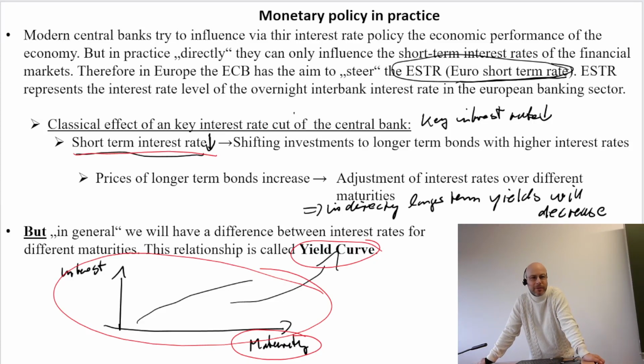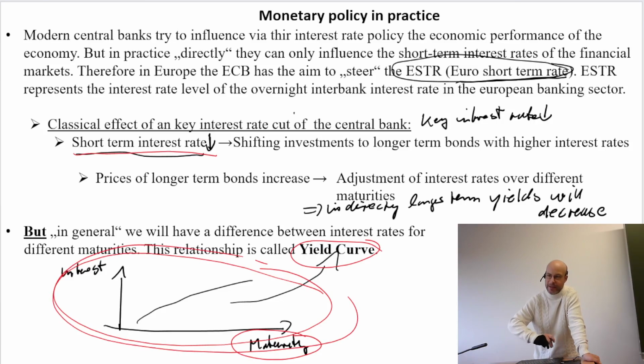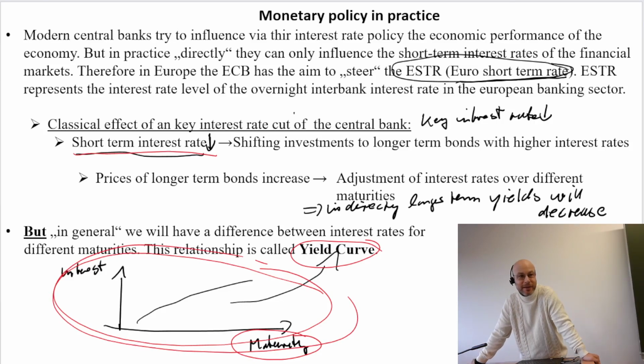And he talked about some expectation indicators. And we will also talk about a very famous expectation indicator, especially for whether a crisis is coming or not. This expectation indicator will be the yield curve in general, and we will talk about this in a minute.